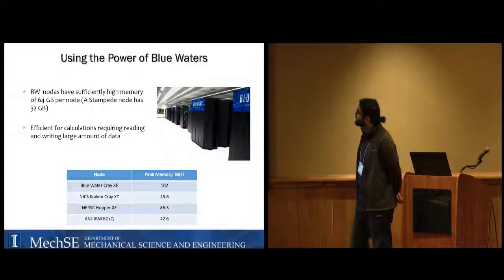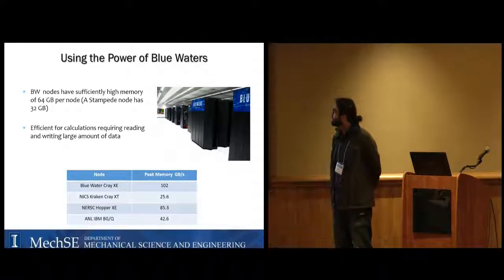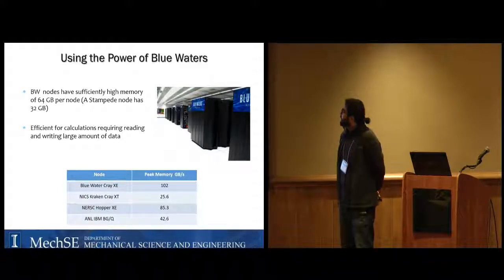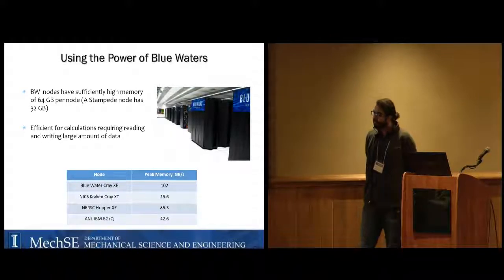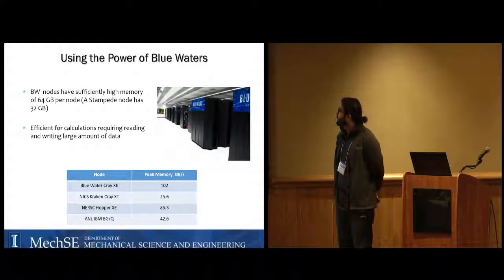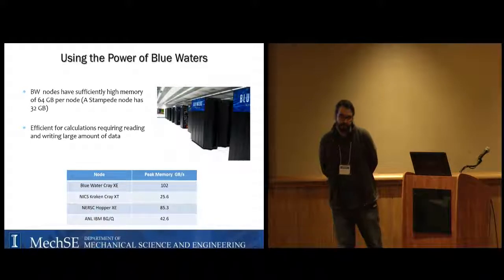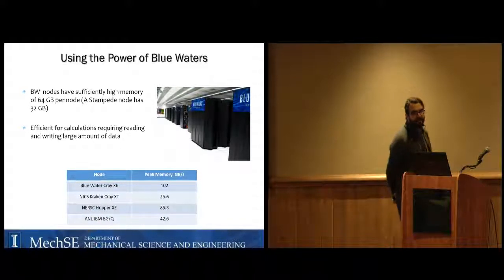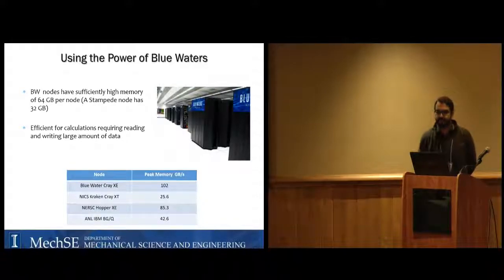One thing that is very unique about Blue Waters is the high memory that it has, and that's very useful when we need to read and write files to post-process the data.